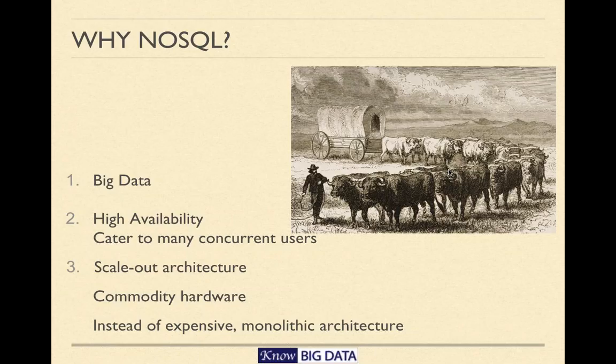Commodity hardware, what does it mean? Commodity hardware means hardware not very high end, but it does not mean hardware which is faulty, old, or low end. No, it means decent hardware at an okayish price, but not too high a price as blade servers.